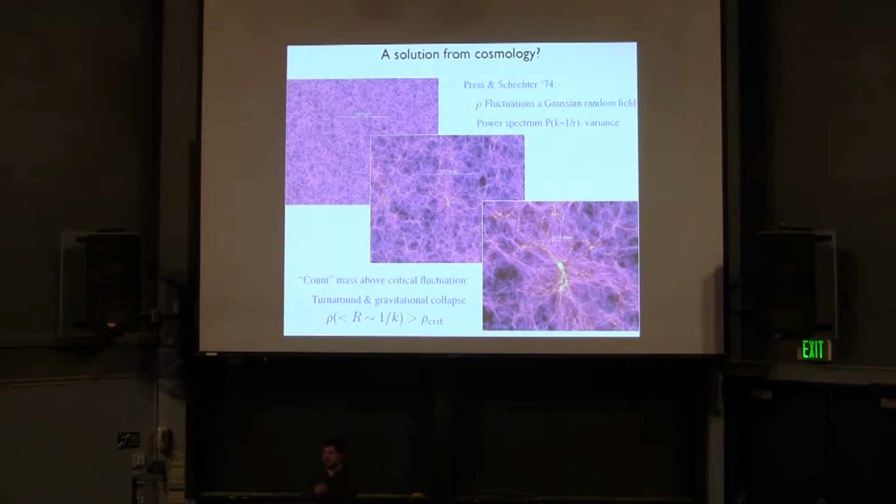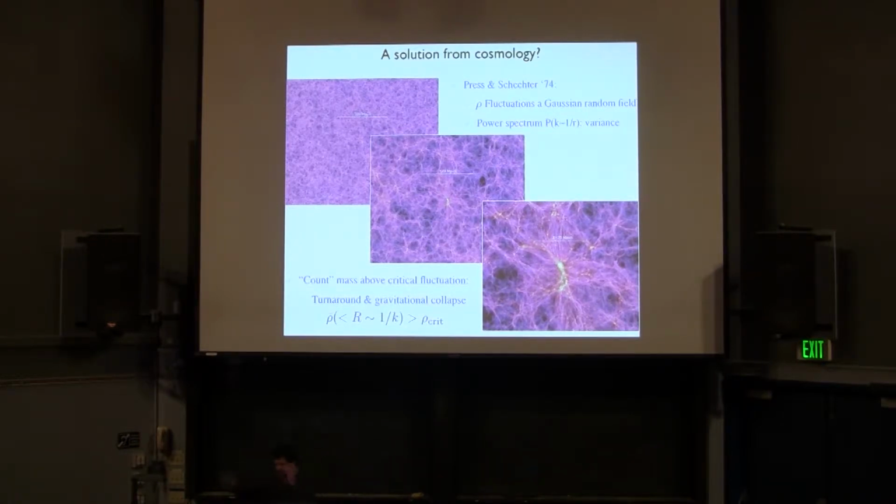Right? It's basically going to be sub-escape velocity in the Hubble flow, and it's going to turn around and collapse. You can work out what that critical density is, and it turns out for cosmology it's a really simple number. It's basically 1.8 times the mean density is the critical density where you'll turn around and collapse.